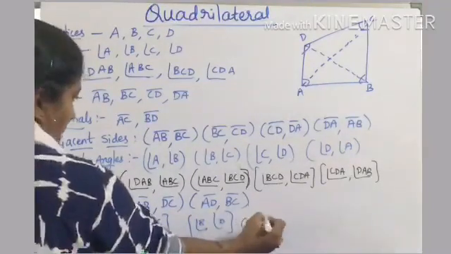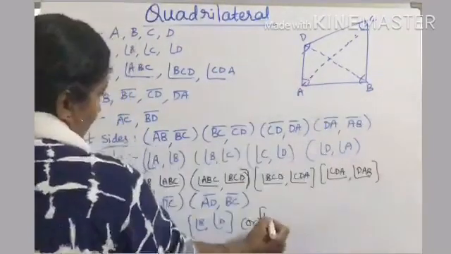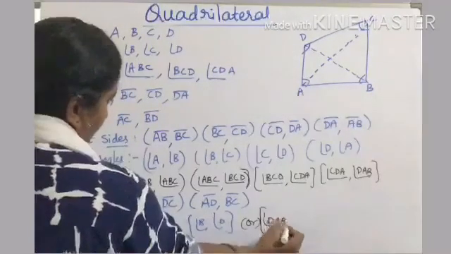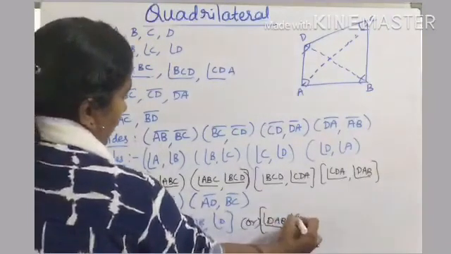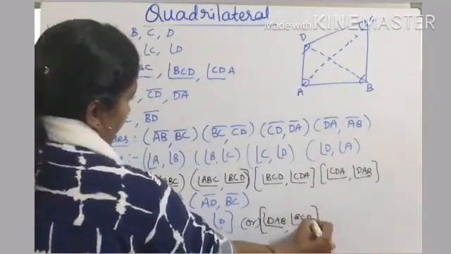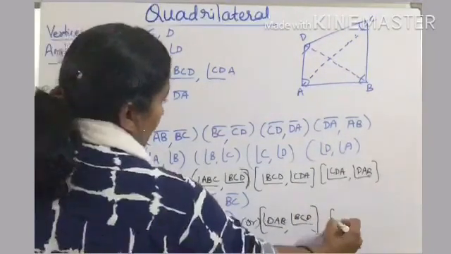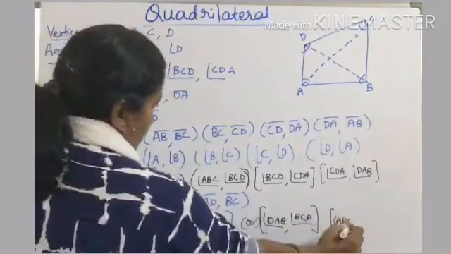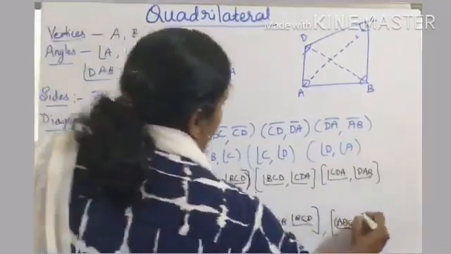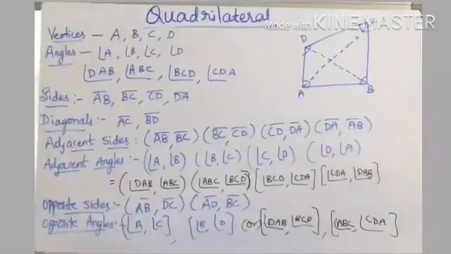Angle A can be written as DAB, and angle C as BCD. Next B and D: angle B is ABC, and angle D is angle CDA. So these are the opposite angles.